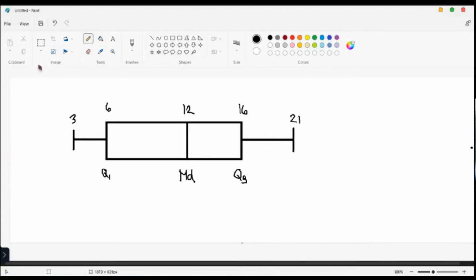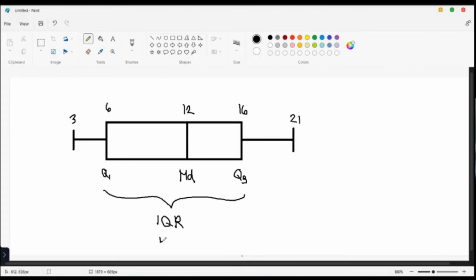Your interquartile range is found here. This is your IQR. And it is said that this IQR is the 50% of the total distribution. And the rest were evenly distributed sa left and sa right.